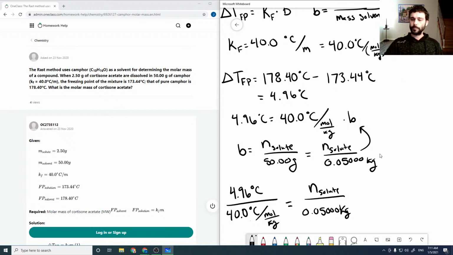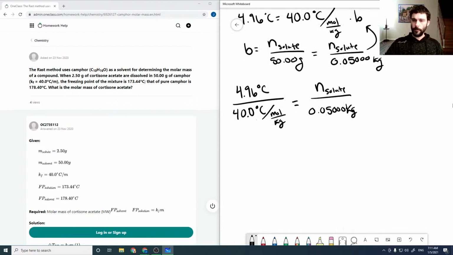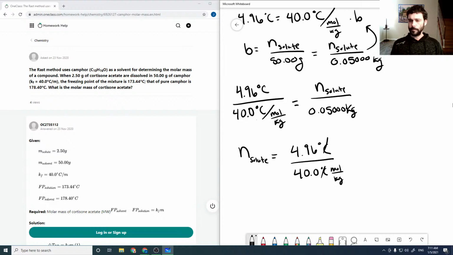And so then we can solve for our moles of solute, which is then just 4.96 degrees Celsius over 40.0, and so our degrees Celsius is going to cancel, multiplied by our mass of our solvent. And of course this kilogram here is going to cancel with that.